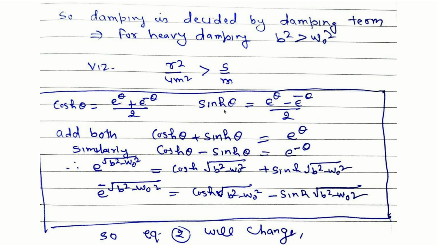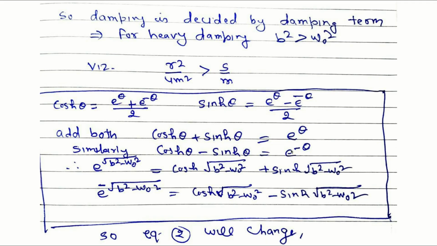Cos h theta plus sin h theta equal to e raised to theta, and if we take their difference, cos h theta minus sin h theta, we will get e raised to minus theta. So what is e raised to theta? e raised to theta is cos h theta plus sin h theta. And what is e raised to minus theta? It is cos h theta minus sin h theta.